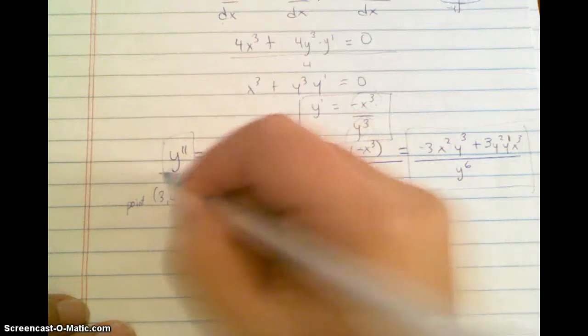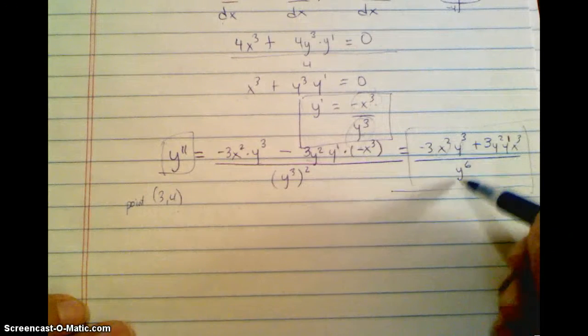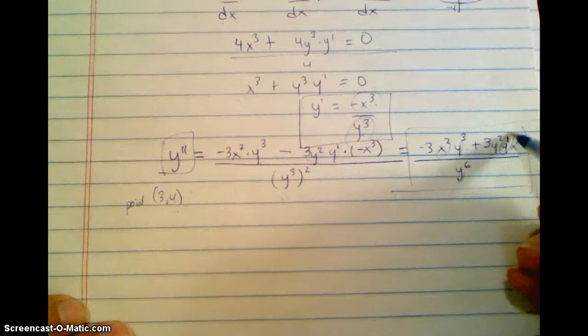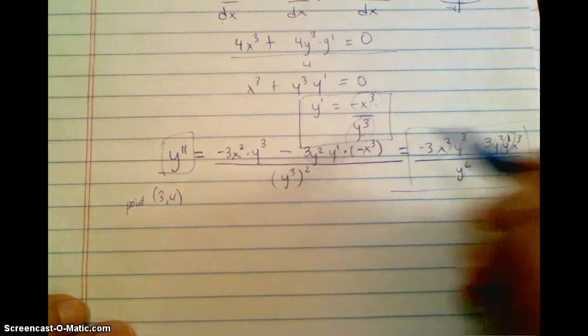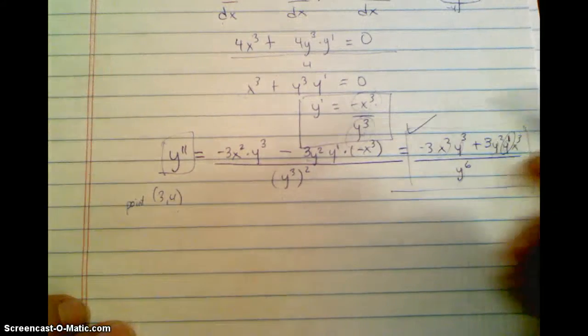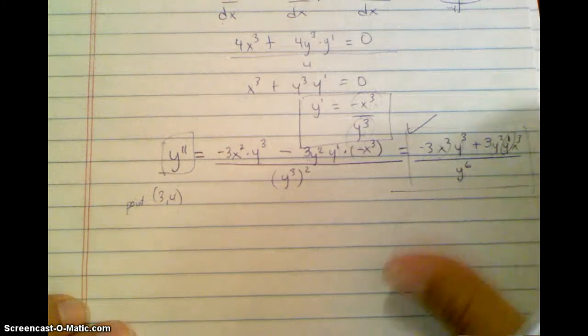The second derivative is something based on the x and the y coordinate of the point, and also the derivative at that point. So this is mathematically correct, and it could end here.